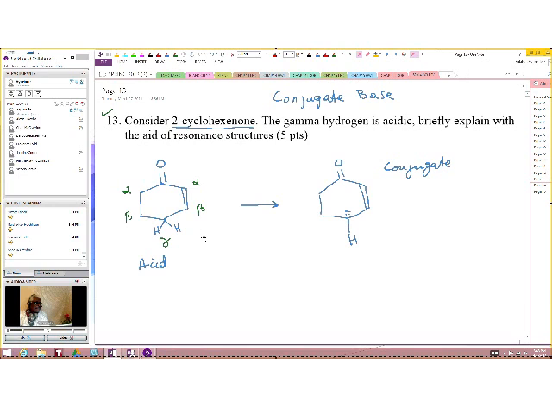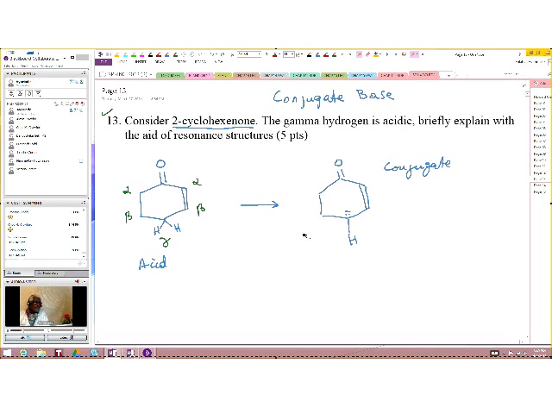Does anybody know how do we solve this? What do we need in order for us to explain the acidity of this hydrogen here, keeping in mind that it is not alpha? Resonance, excellent. We need to use resonance.